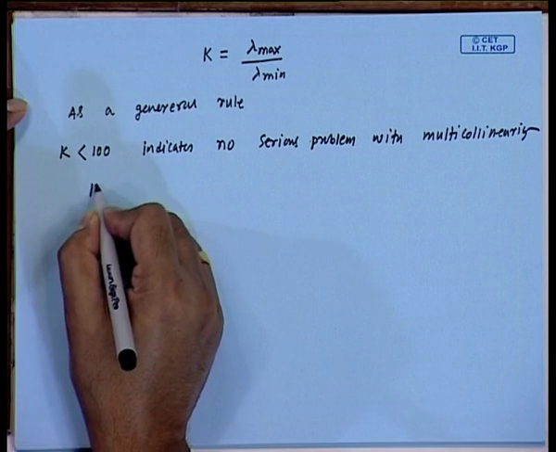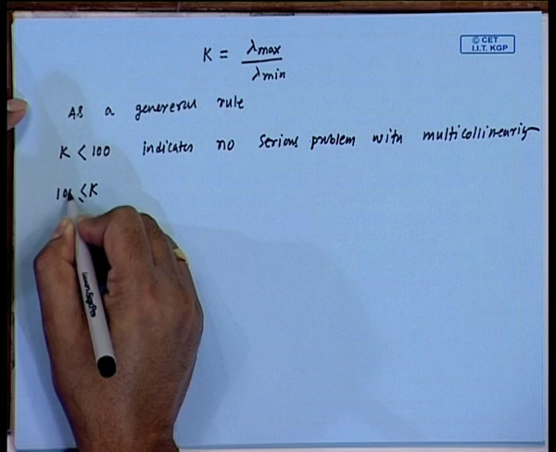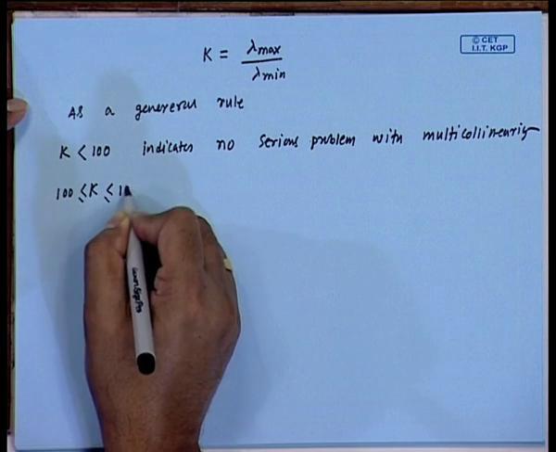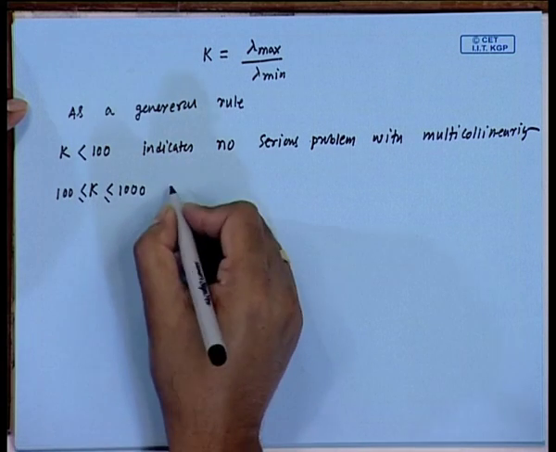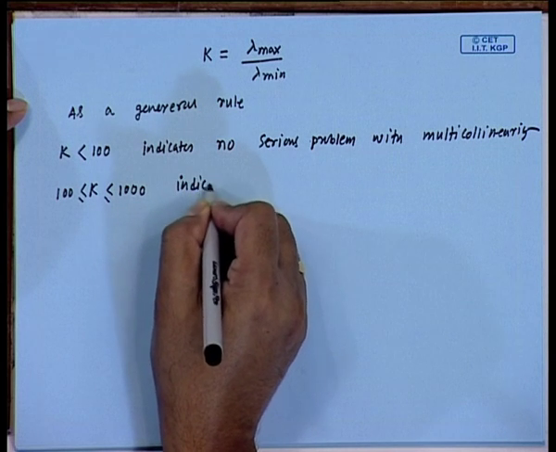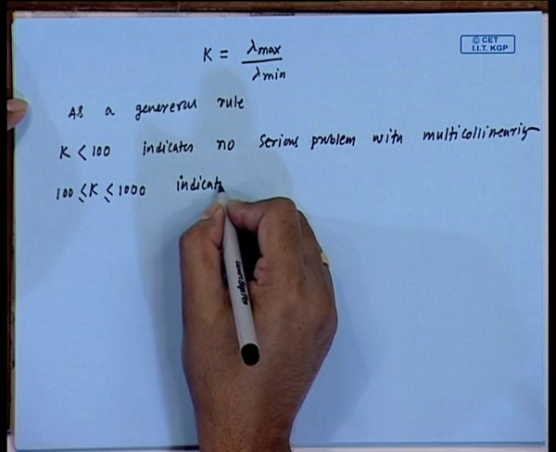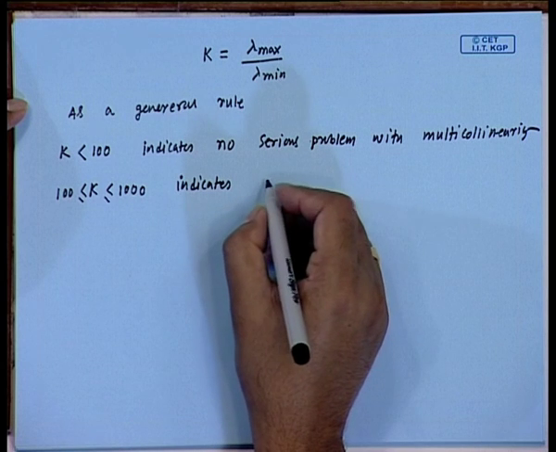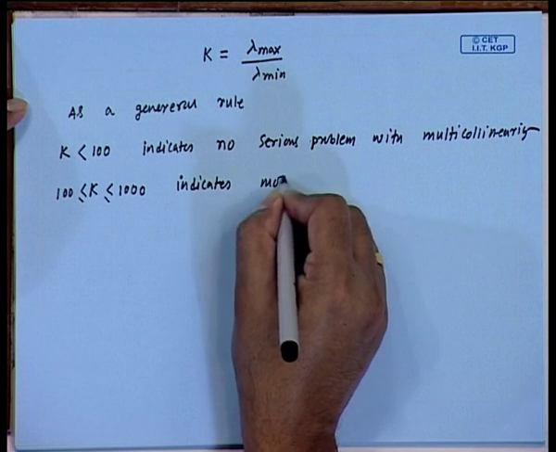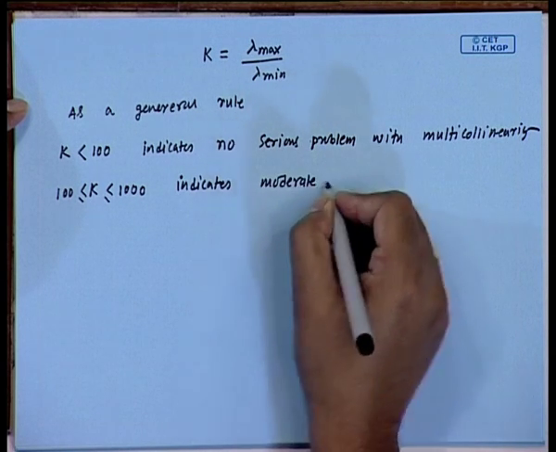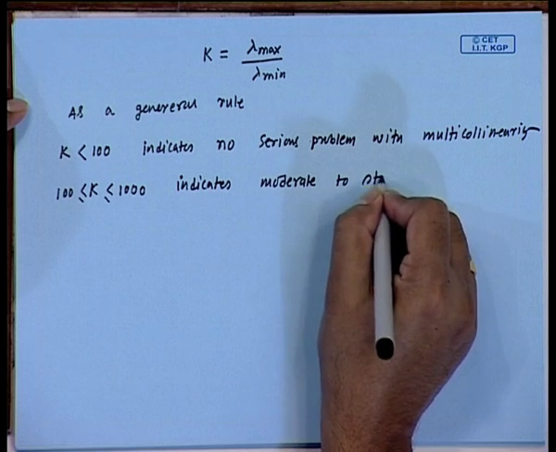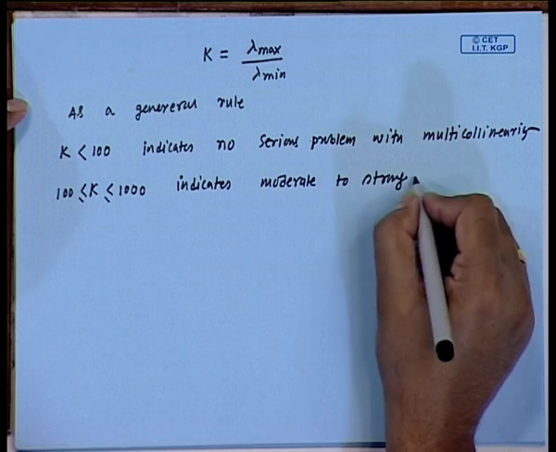Now, k in between 100 to 1000 indicates moderate to strong multicollinearity.